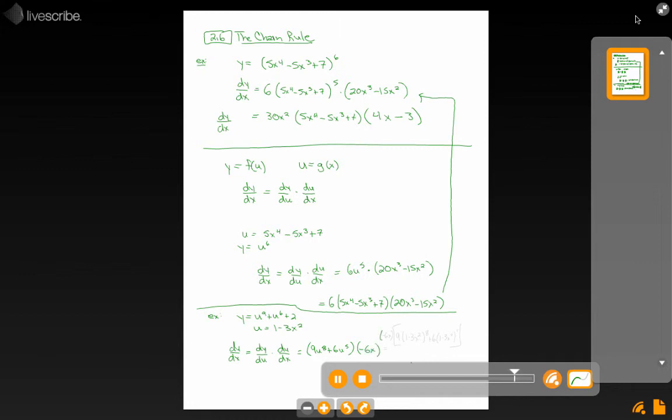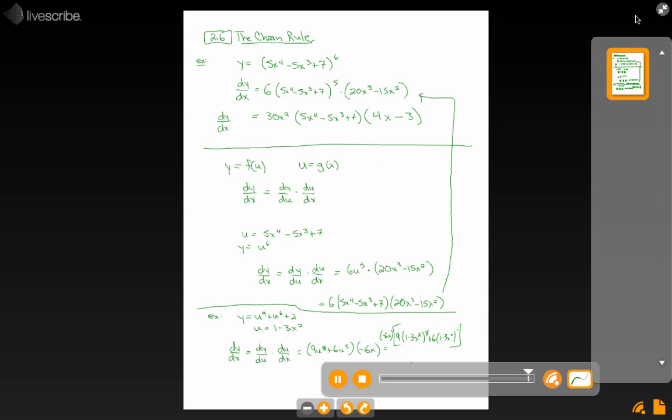Now, if we were asked to put this in terms of x, we'd have to go a step further to say, okay, well, that's 9 times (1 - 3x^2)^8 + 6(1 - 3x^2)^5, and then all of that times -6x. At least everything now is in terms of x's. Sorry, I had to cram it in there.